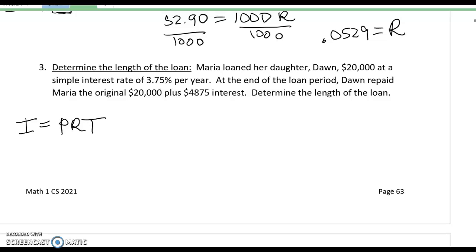So again, we want to identify these values here. Don borrowed $20,000. That's our principal. Interest rate, that's our R. And here we have the interest. That's our I.